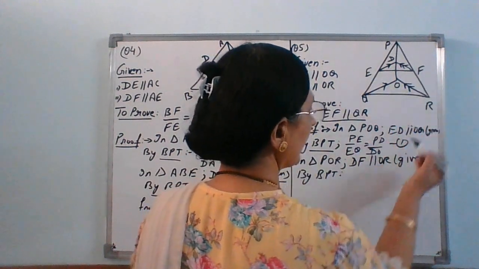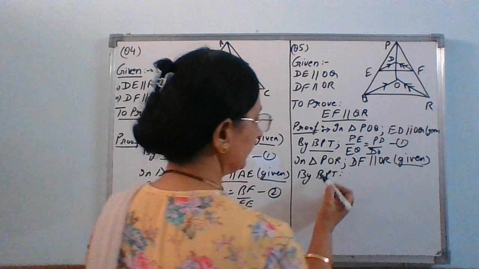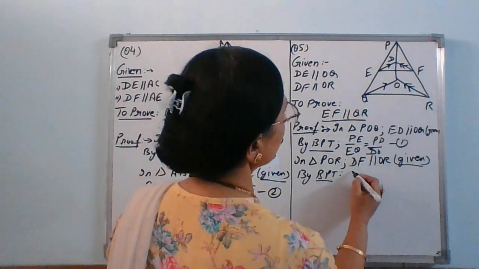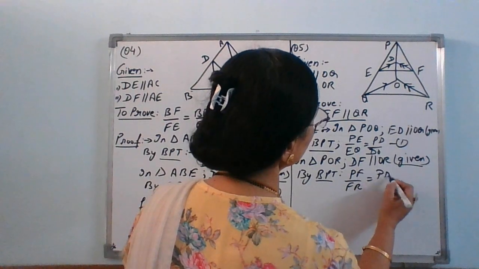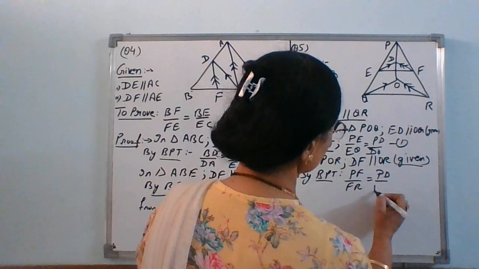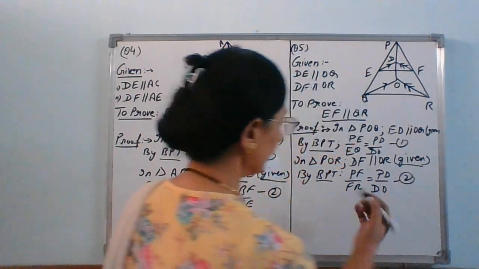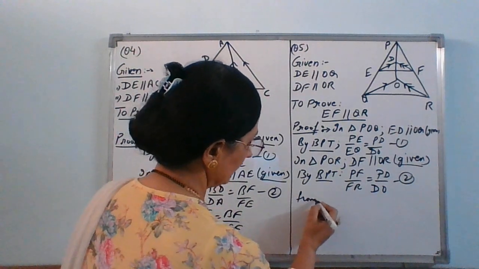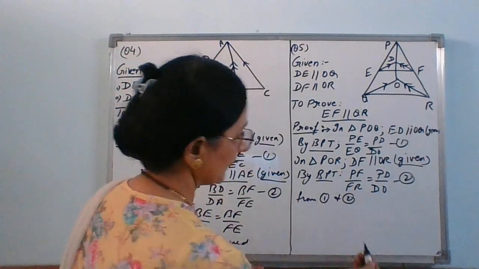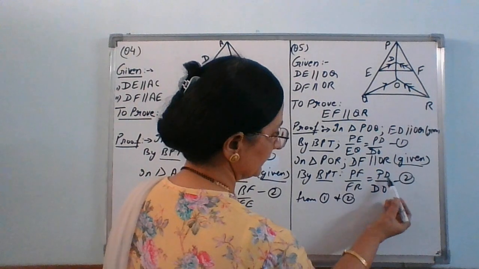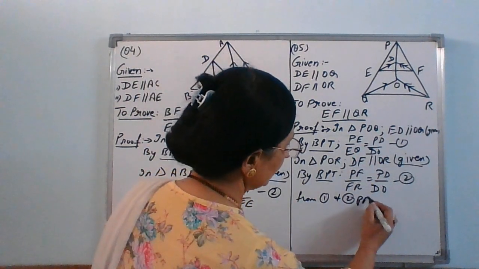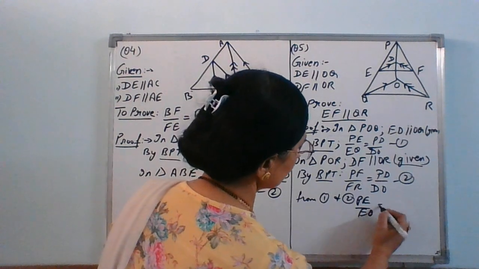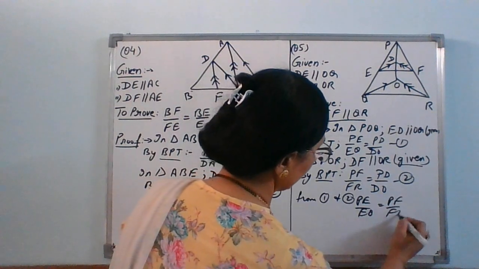DF is parallel to OR, that is given. By BPT, sides will be in ratio. PF upon FR will be equal to PD upon DO. Number 2. Comparing 1 and 2: here PD upon DO is the same on the right side, so the left side has to be the same. So PE upon EQ is equal to PF upon FR, right?